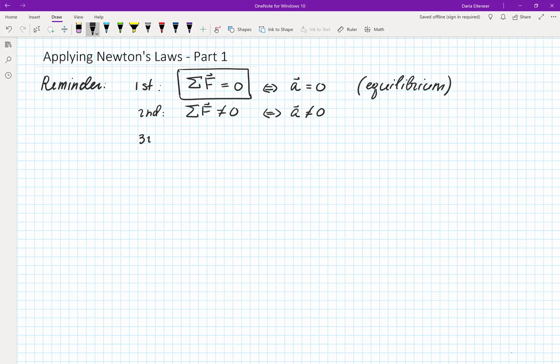And finally, third law talks about action-reaction, that force that object 1 exerts on object 2 is equal and opposite to the force that object 2 exerts on object 1. So now we need to figure out how to apply those laws and how to draw free body diagrams.